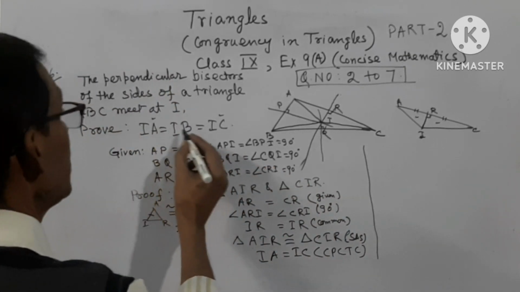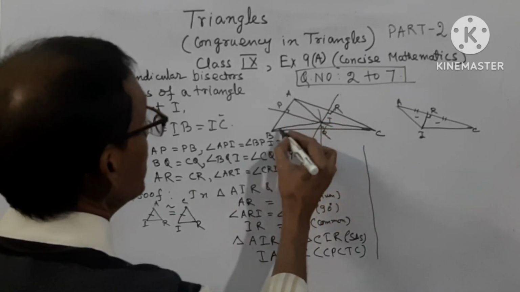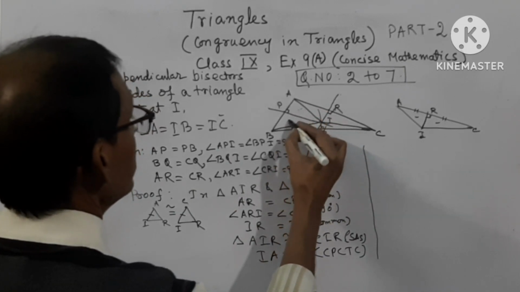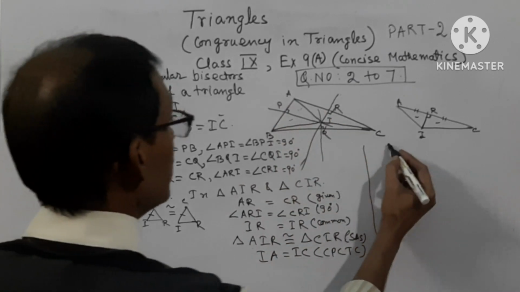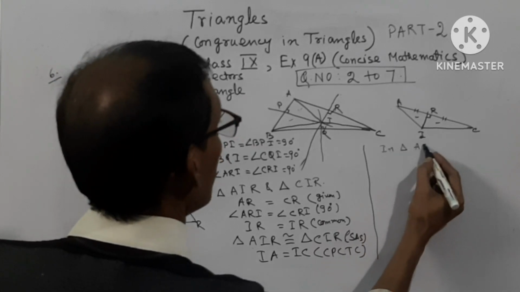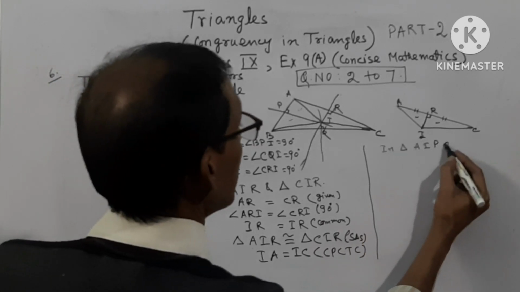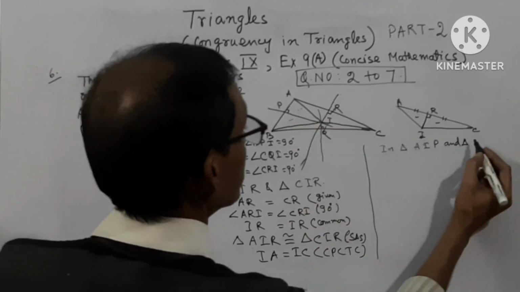So IA equal to IB, you see IA and IB are in these two triangles, triangle AIP and triangle BIP.